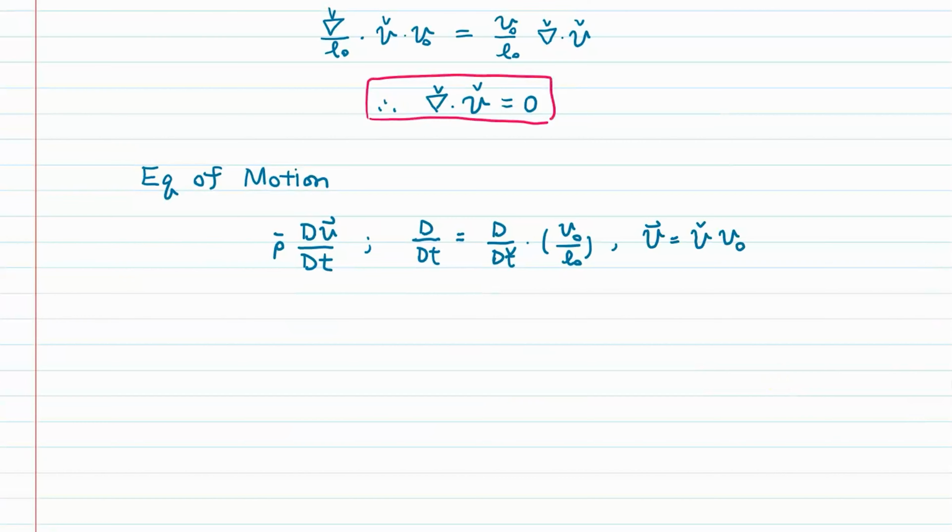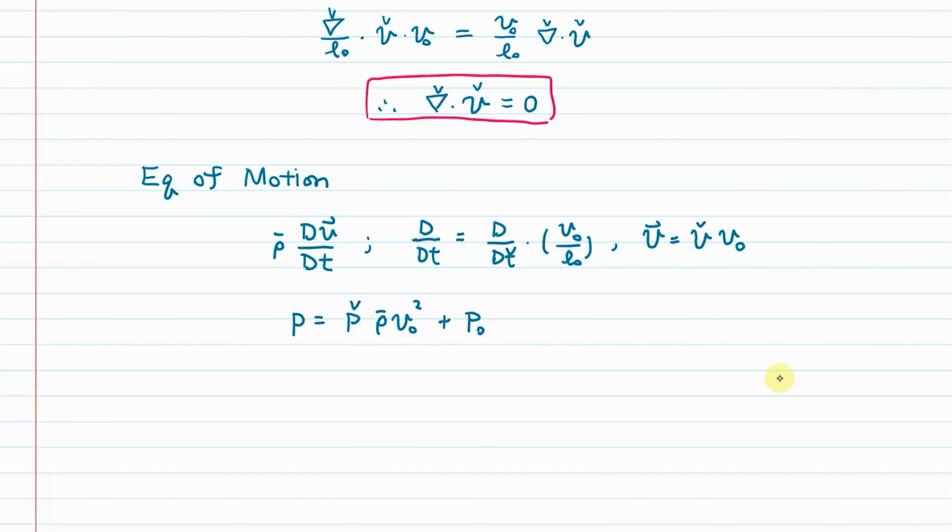And now let's look at the right-hand side. On the right-hand side, we have pressure. So pressure equals the dimensionless pressure times rho bar V naught square plus P naught.